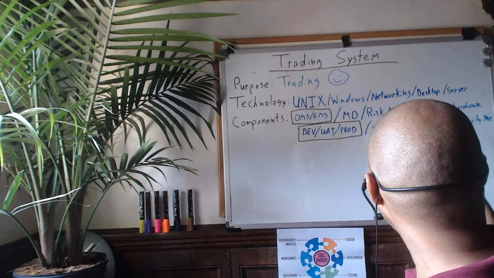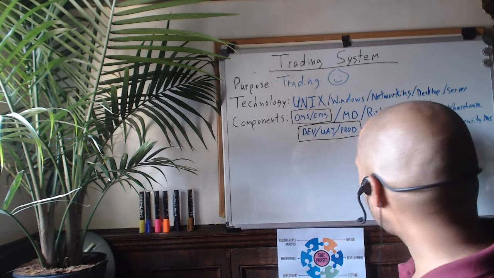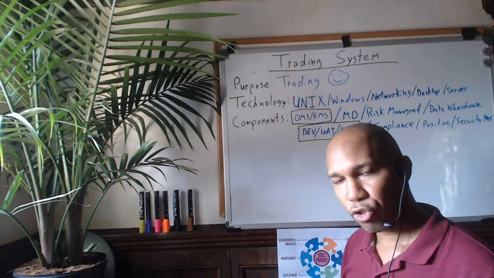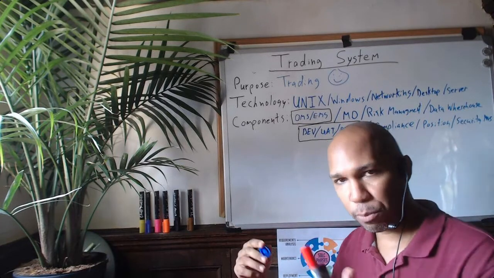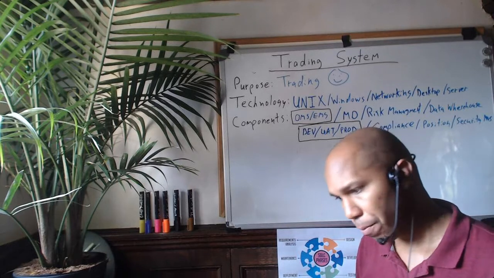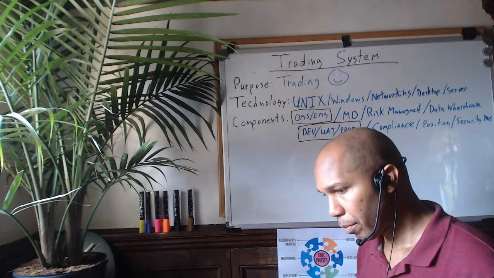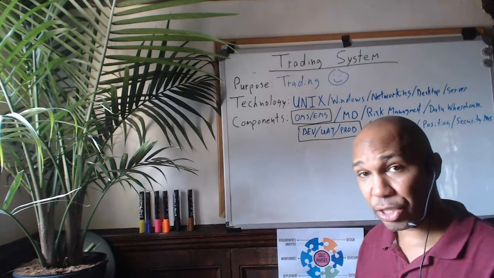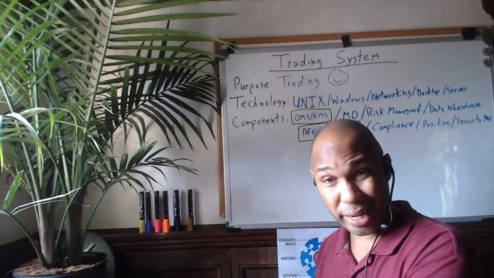That's also going to tie closely with your risk management systems. So you're going to have some kind of system that's going to track what's happening and what exposures are currently out there. For example, you might want to limit how large a position your various trading desks can have.